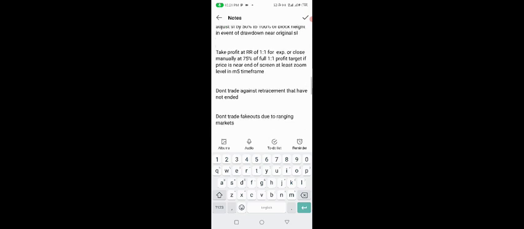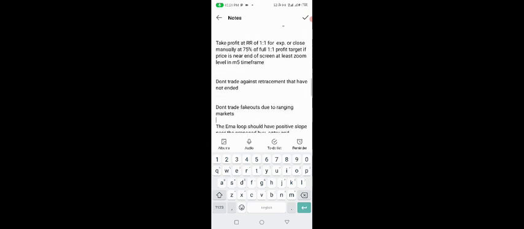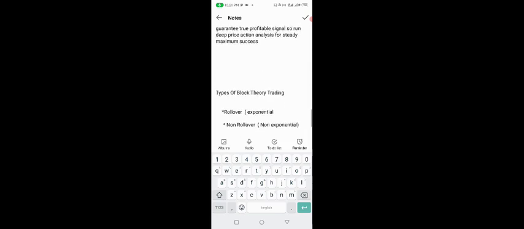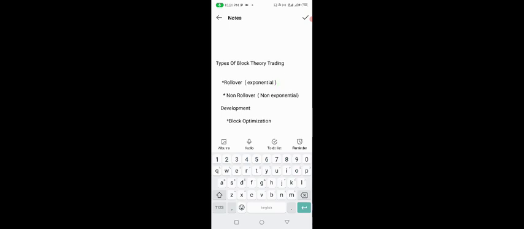But I'm developing the idea with high level techniques, because I introduce types of block. We have types of block theory trading: rollover or exponential, and non-rollover, that is non-exponential.